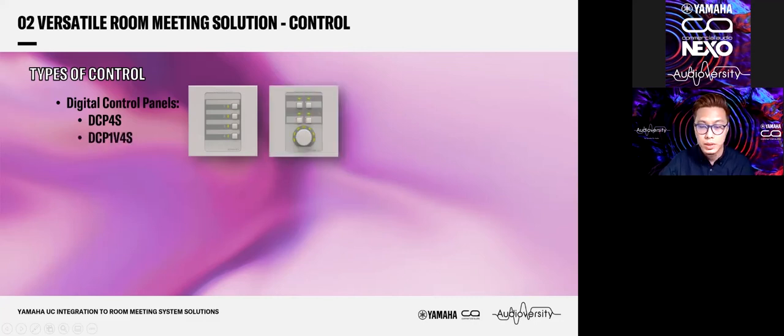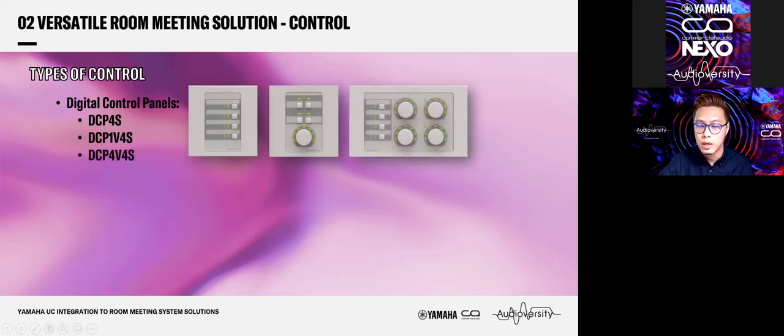We also have this DCP 1V4S. 1V stands for 1 volume knob and 4 sources. And especially for users who sometimes find it difficult to use, having this DCP 1V4S helps. When you press button 1, this encoder volume knob is tied to the volume of this zone area.